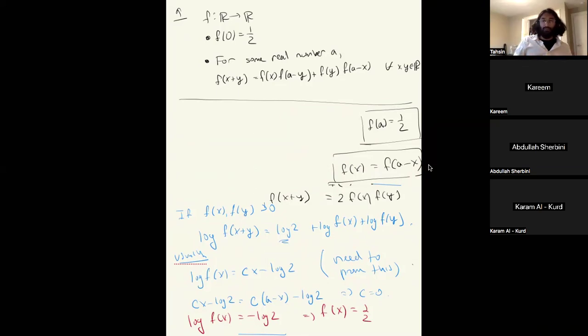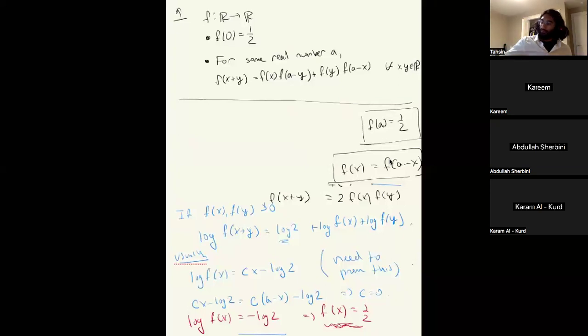So that's maybe everything in blue and in red is a guess, because in order to really use Cauchy's functional equation, you need some other condition. But nonetheless, it tells us that we should expect f of x equals 1/2.